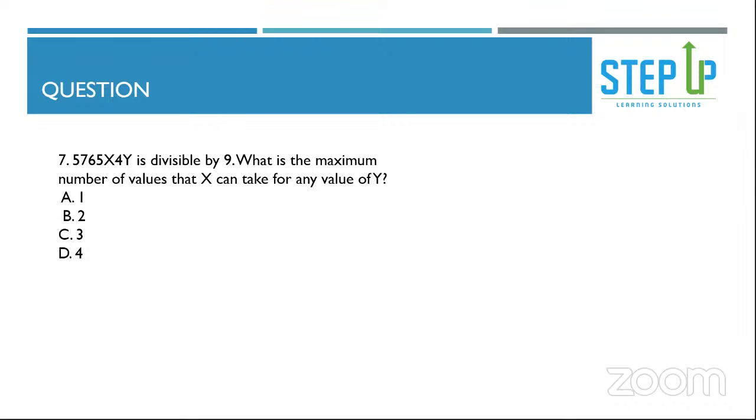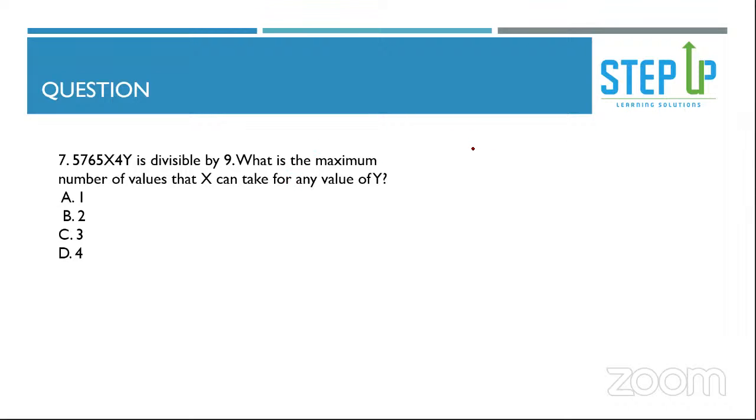576x45 is divisible by 9. What is the maximum number of values that x can take for any value of y? So what is the divisibility rule of 9? We have already discussed it. The sum of the digits should be divisible by 9, right?